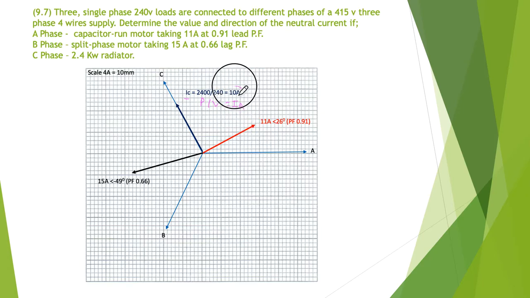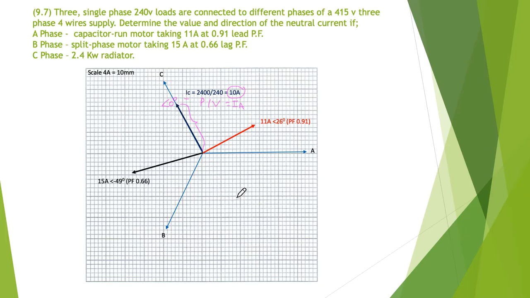In this case, 10 amps, so the length of my phasor is scaled out at 10 amps, and its angle is 0 degrees. So the angle is 0 degrees because it's in phase with the C phase.